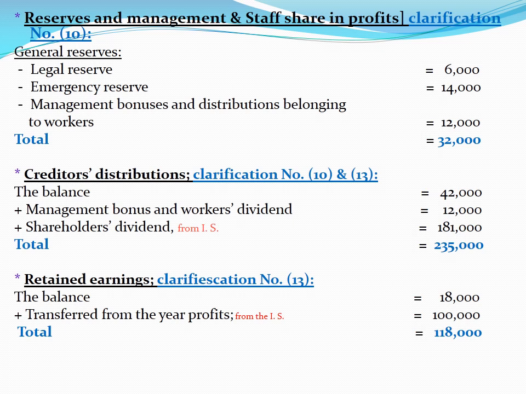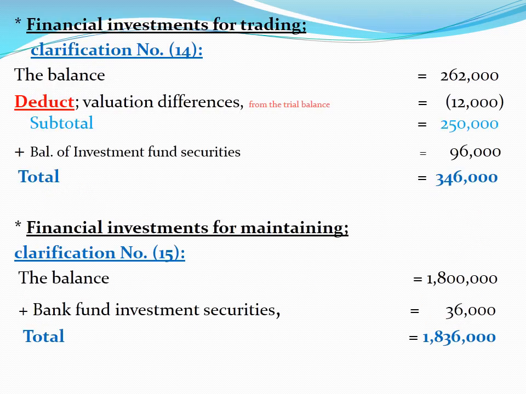So the total will be 18 plus 100 that is transferred from the year profits that is appearing in the income statement before the distribution of shareholders, the item before retained earnings, and this is the adjustment number 10 in page 244, retained earnings of the year profits 100,000 plus 18 the balance in the trial balance, so the total is 118.